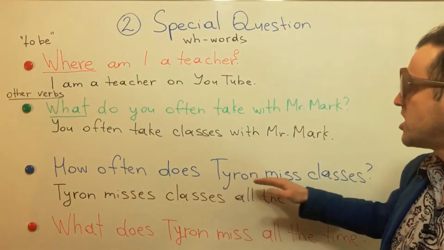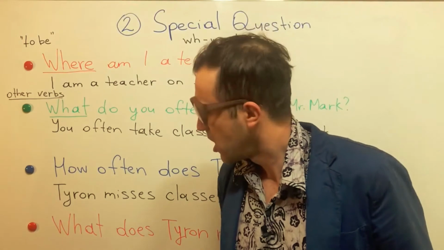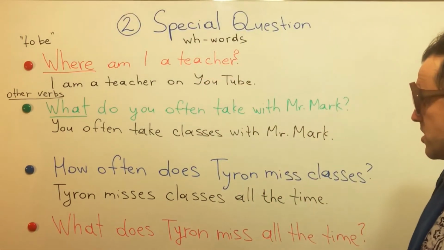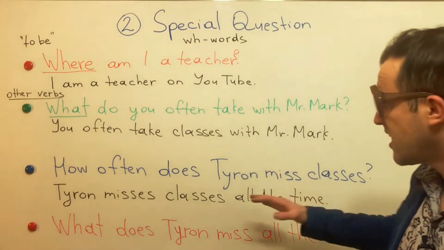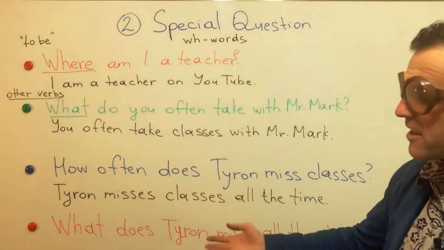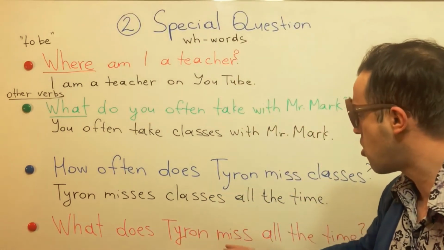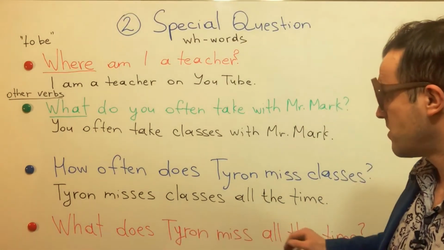How often does Tyrone miss classes? You can also imagine that there is no classes over here, and you can ask again the question, what does Tyrone miss all the time? What does Tyrone miss all the time?